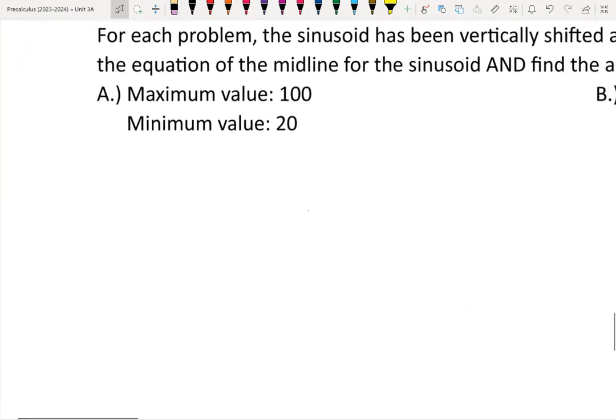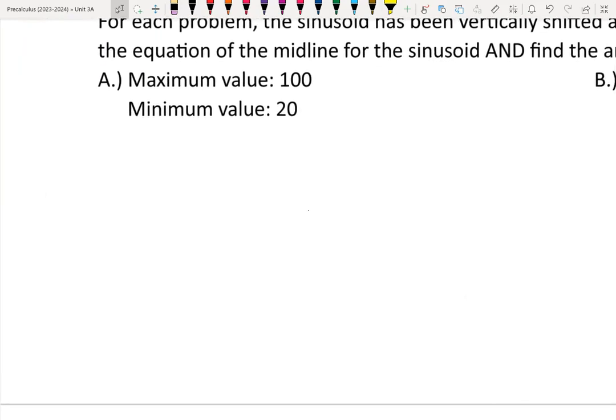Now, there's a lot of different ways you could go about doing this. What helps me is to do just a quick sketch. So let's say here's my y-axis, and I have a maximum value of 100 and a minimum value of 20. Note, I didn't put in the x-axis. I don't need that right now.